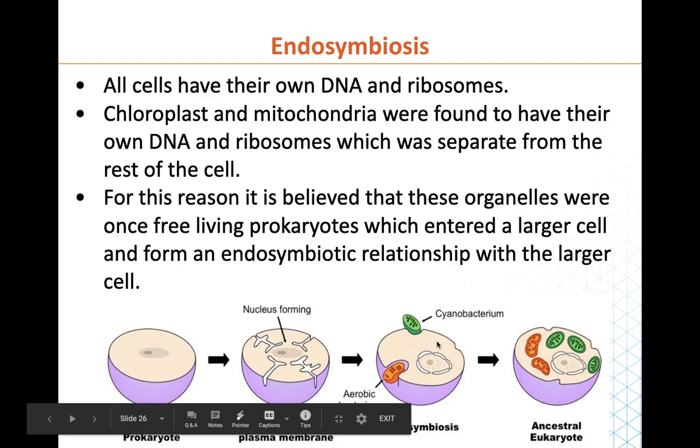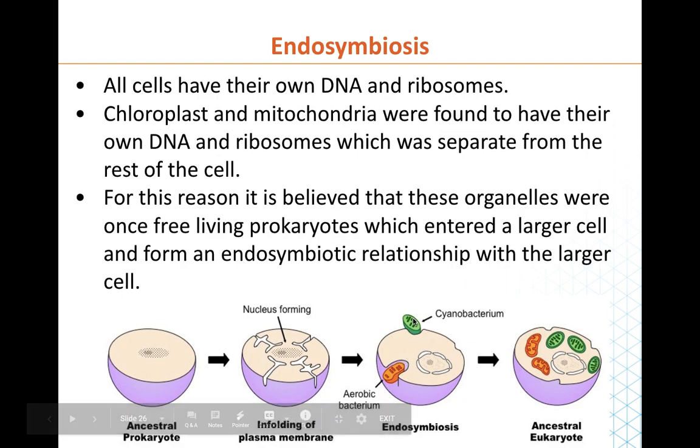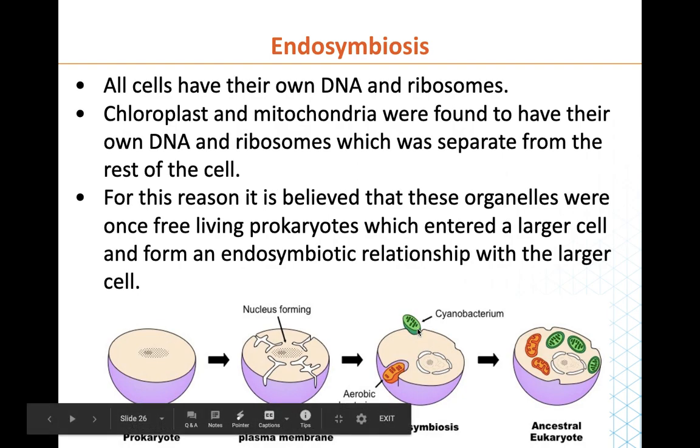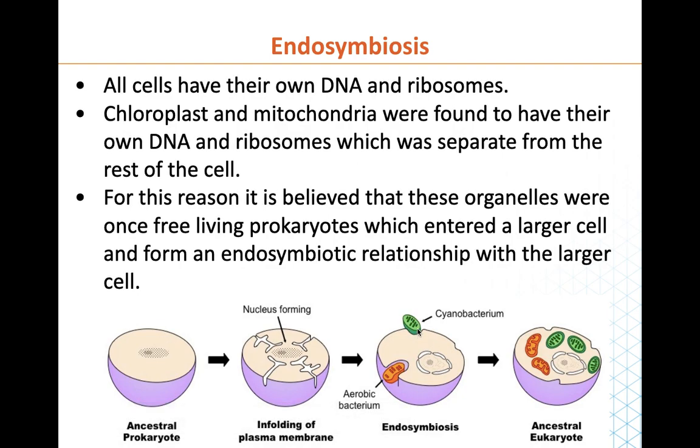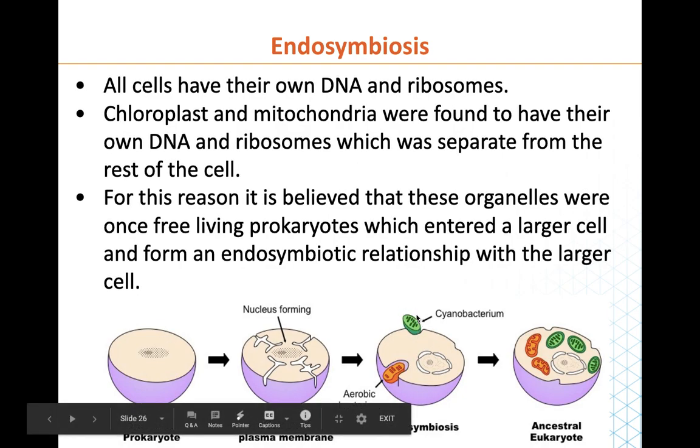So, they believe that the chloroplast and the mitochondria were originally their own prokaryotic cells. They existed on their own, they swam around, they did their own thing, and it just so happened that they found a larger cell which took them in, and it was an advantageous relationship, so they stayed together forever, right?